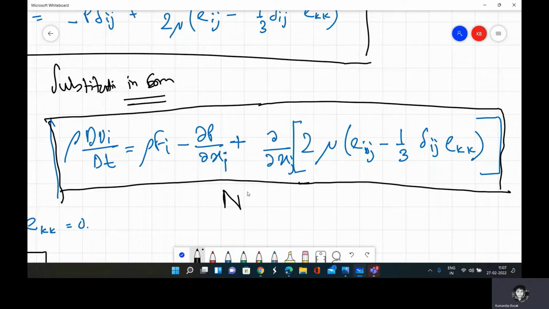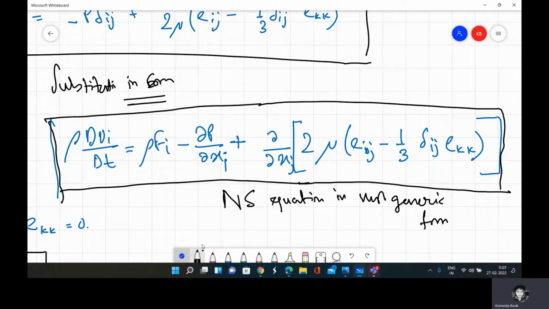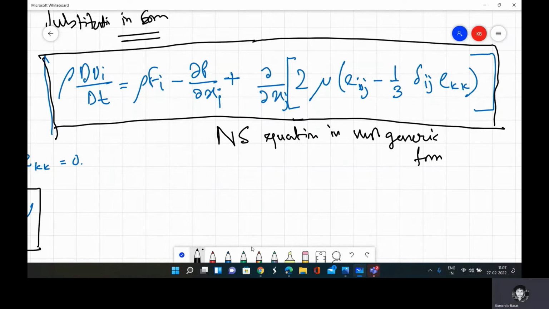This is our very esteemed Navier Stokes equation in most generic form. This is the Navier Stokes equation for isotropic fluid in the most generic form. It is valid for both viscous flow, non-viscous flow, compressible flow, irrotational flow, rotational flow, incompressible flow, everything.